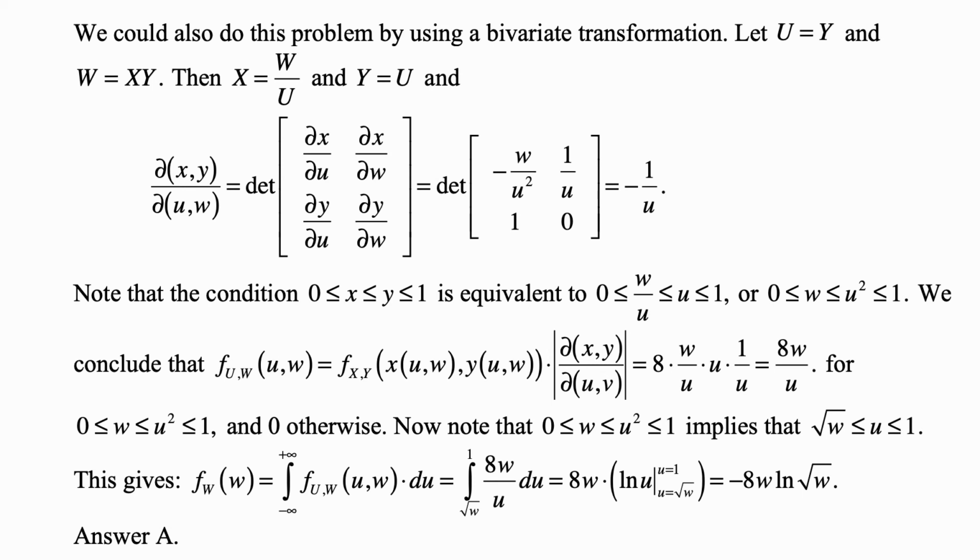So 8w times the natural logarithm of u, evaluated from u equals square root of w to u equals 1, and that's a negative, minus 8w ln of the square root of w. It's not negative, as I mentioned before. And that's again answer A.